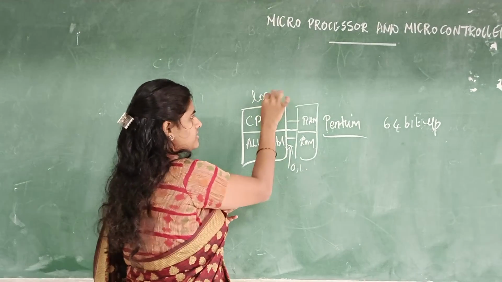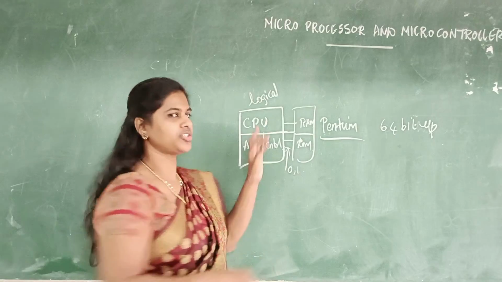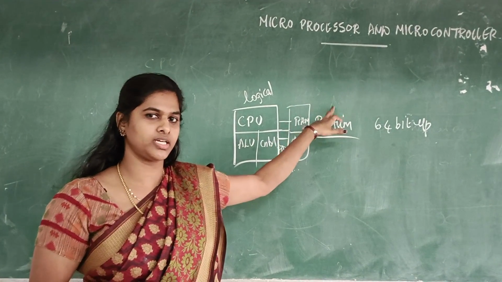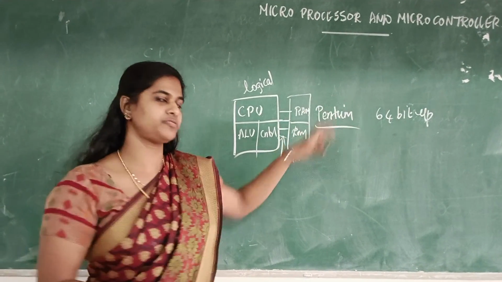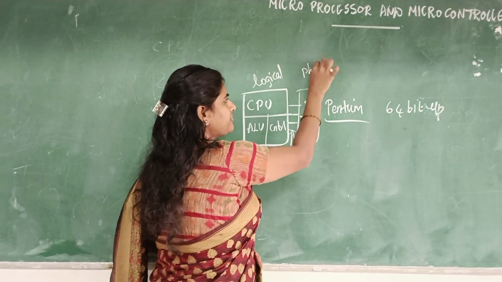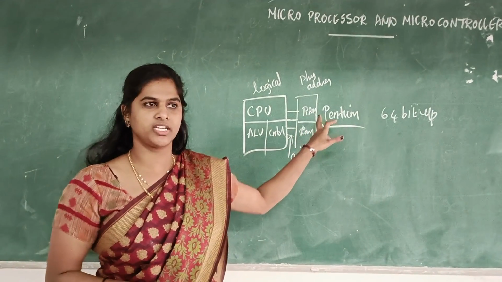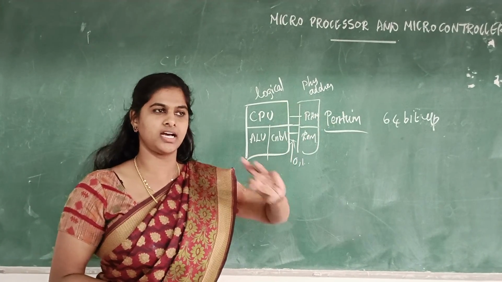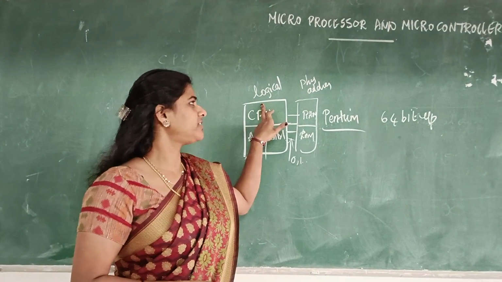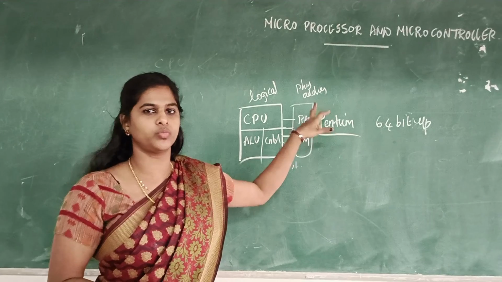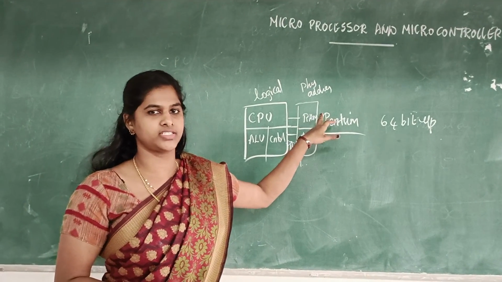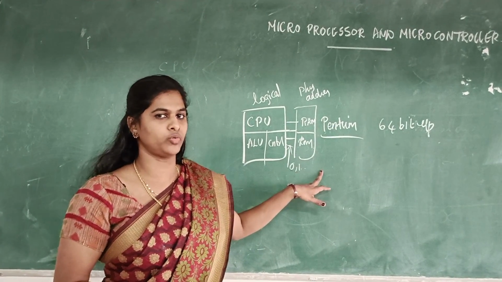As we know, it communicates. A logical address is there in the CPU. This logical address communicates to the RAM, and here it changes to a physical address, and from the physical address it gets the data, because the register stores the data and instructions. So when access is given, it searches at what address the data and instructions are available in the RAM and ROM.